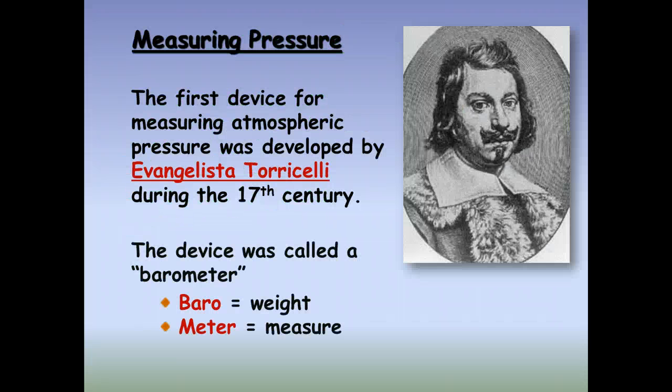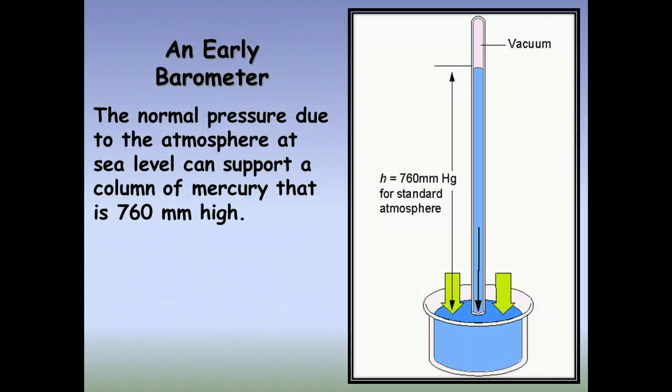Measuring pressure was first done by Evangelista Torricelli in the 1700s, or 17th century, and he created a device called a barometer, and it measures the weight of air. So, an early barometer was the device shown in the picture.